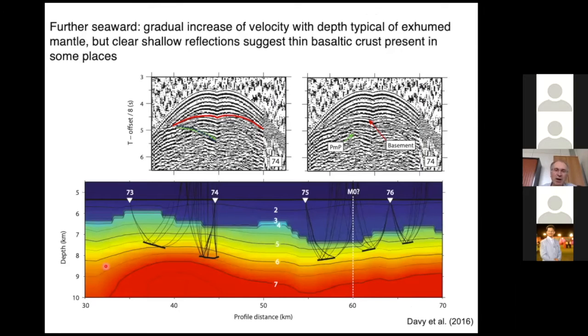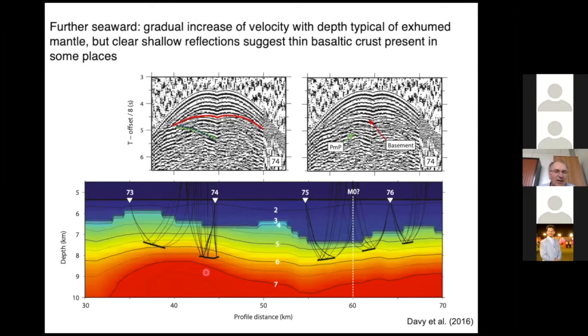So what did we find? Well, we didn't really find the ocean. What we found was essentially a velocity that increased rather rapidly with depth. The darker blue is the sediment here, and then with these paler colours you're into basement, and you reach the 7 kilometers per second contour within 2 or 3 kilometers of the top of basement.